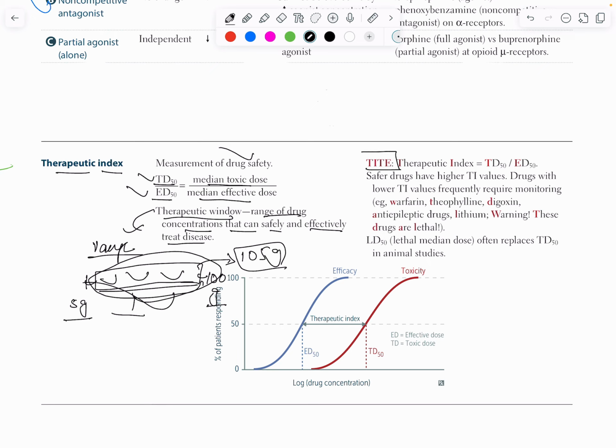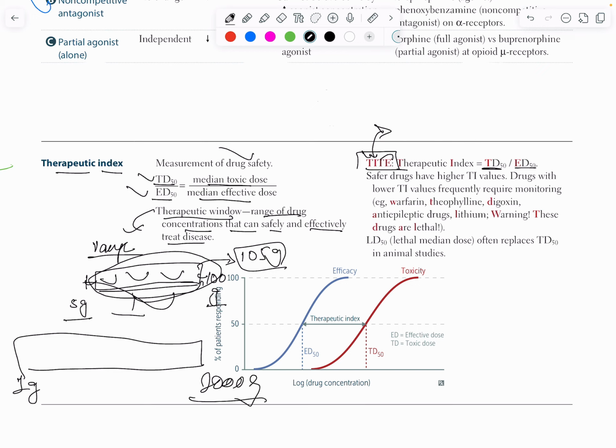We have a mnemonic, TITE. The mnemonic is used for the formula of the therapeutic index: TI for therapeutic index, and TD over ED, the toxic dose divided by the effective dose. Say one drug has a very wide therapeutic window, like 1 gram to 1,000 grams, which is a very high therapeutic index value.